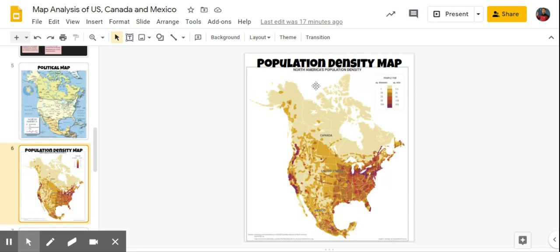The next map is a population density map. To understand a population density map, first read the title, North America's Population Density, and look at the key, which shows the population or people per square mile. If you look at this closely, it shows that the lighter the color, the lower the population density is.